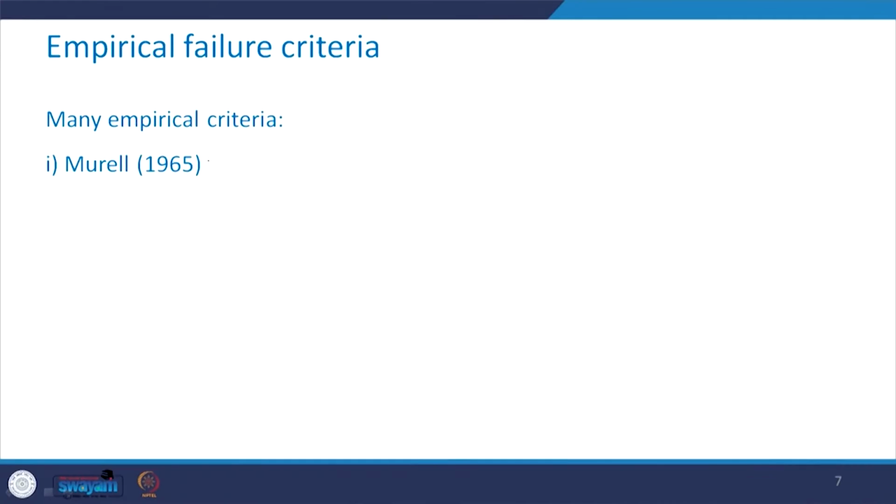The first one in this series which I am going to discuss with you is the criterion which was given by Murrell in 1965, and he suggested that sigma 1 is equal to sigma c plus b sigma 3 to the power a.